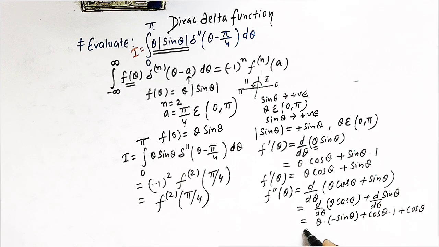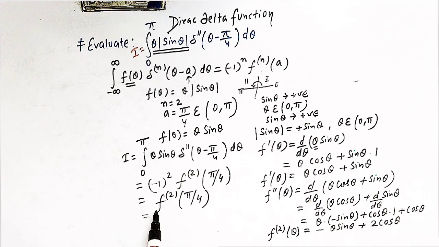So now we have here minus theta sine theta, and then cos theta plus cos theta is 2 times cosine of theta. So the second derivative of f of theta is given by this expression, minus theta sine theta plus 2 cos theta. So now we have to evaluate this derivative at this point, theta is equal to pi by 4.